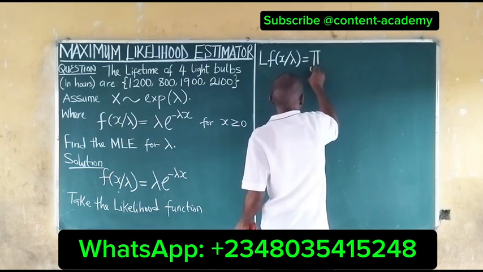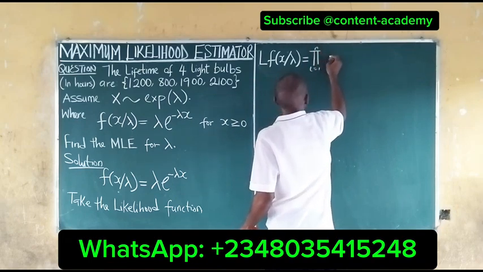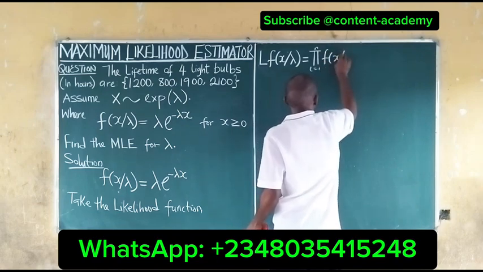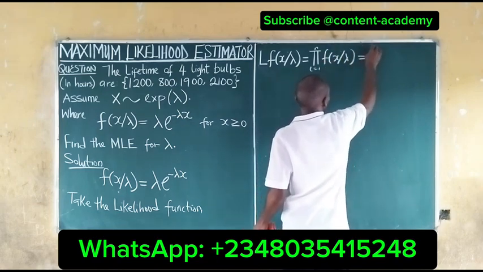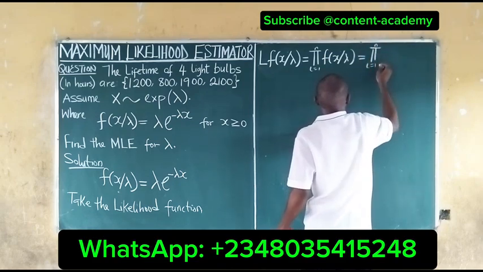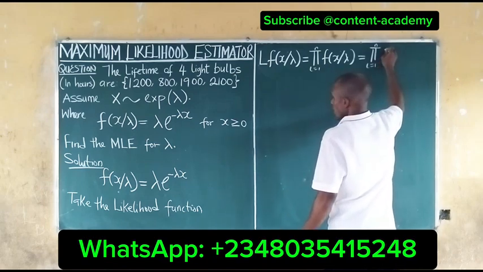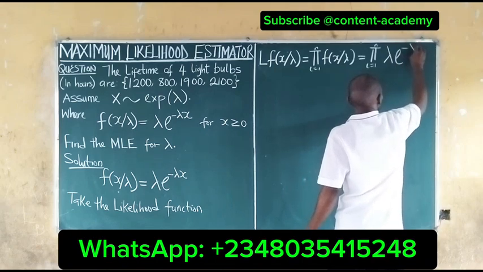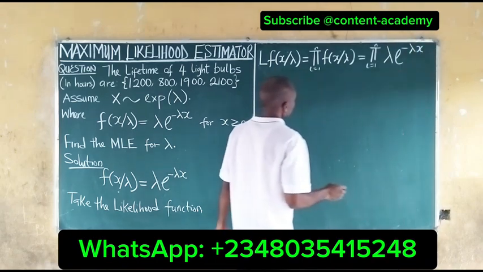the product of f of x, lambda, which is equal to the product as i runs from 1 to n of the given distribution, lambda exponential negative lambda x.